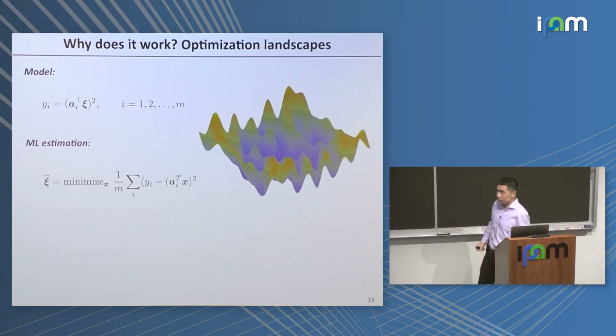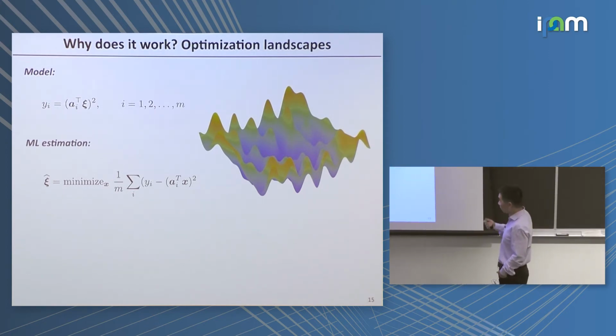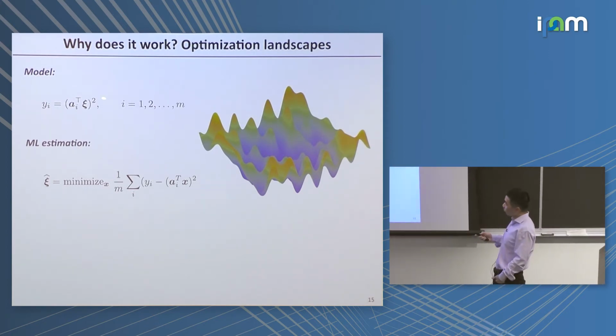All right. So the last perspective I want to mention is in terms of optimization landscapes. Again, we can use phase retrieval as an example. This is the optimization that we want to solve. We can think about it as maximum likelihood or MAP estimation for solving the underlying Xi, and this is a non-convex problem.